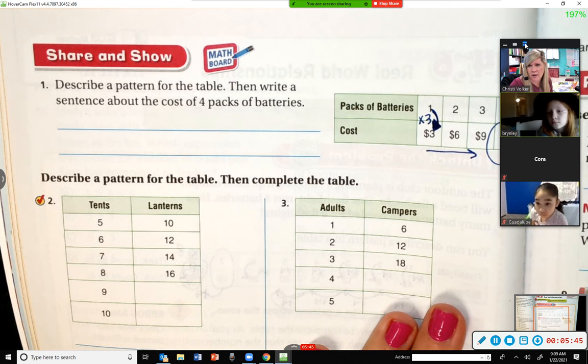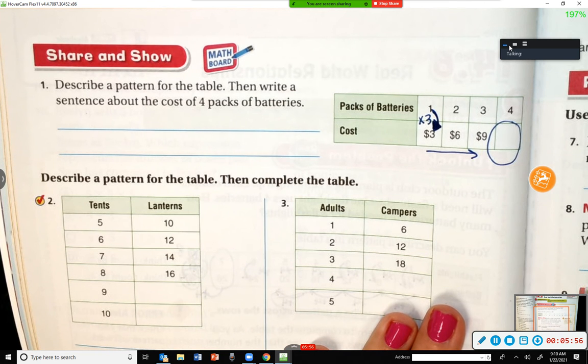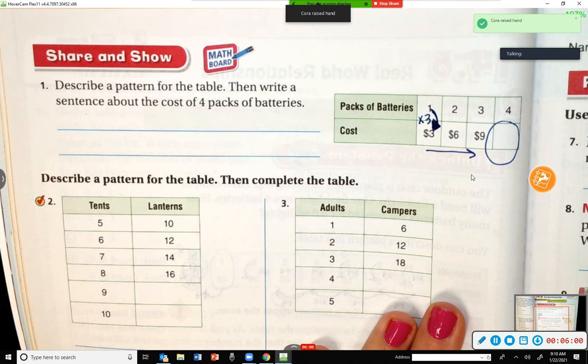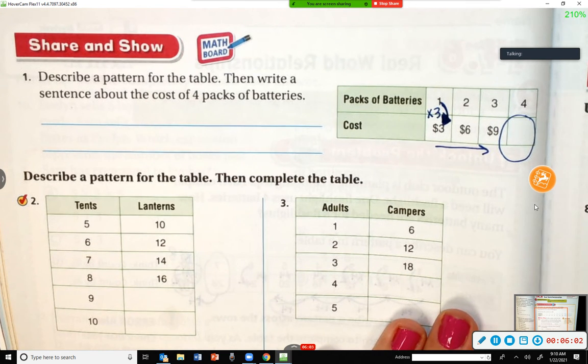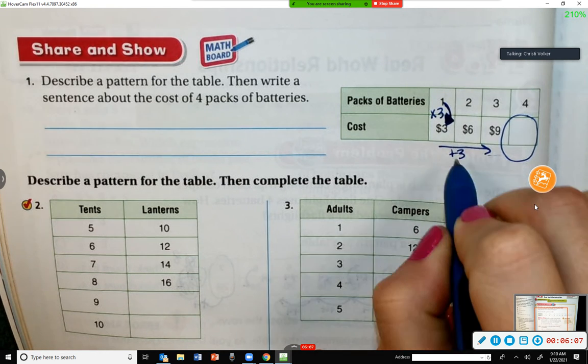Could we describe another way to figure out the next number? Evangeline. There's skip count by 3. Good. There's skip counting by 3, so we would add 3 if we are going this way.